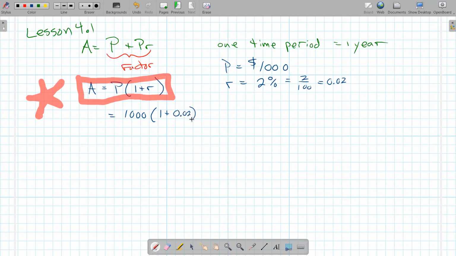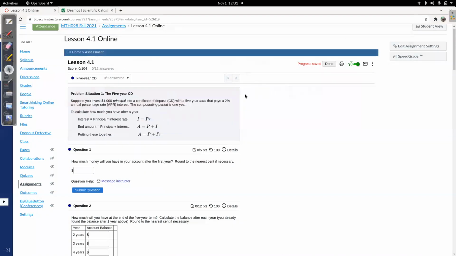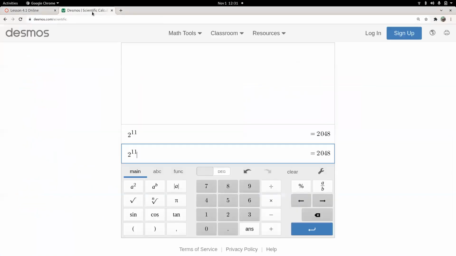Now, often in math, we like to simplify stuff, at least I do. Sometimes you guys do, right? This 1 plus 0.02, I can write that more simply as just 1.02. So I'm going to say my new amount here is 1,000 times 1.02. And I'm going to whip out my calculator, figure out what that is. You might look at that and say, oh, I can just shift the decimal point 3 places.